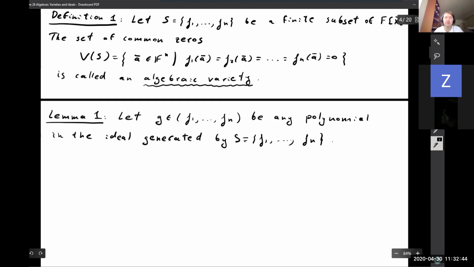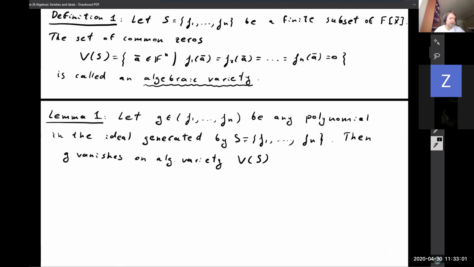That G vanishes on the algebraic variety V of S. In other words, if we look at G of A, it must be 0 for all A in V of S.